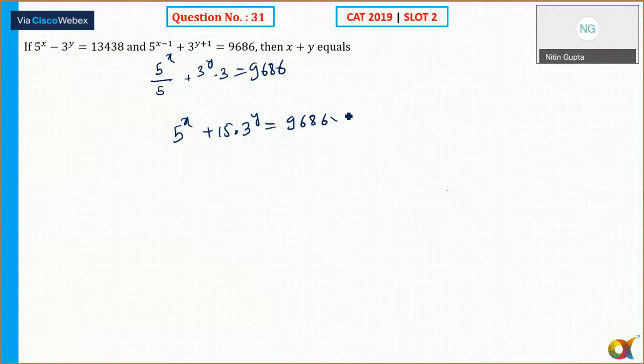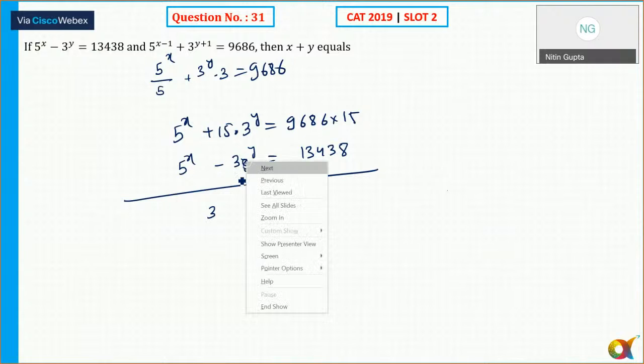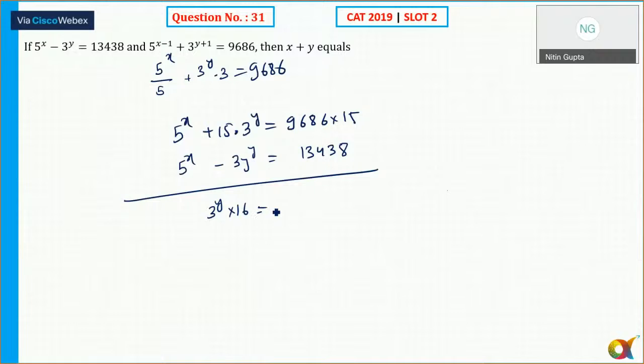So it will be 15 times, and 5 raised to power x is equal to 3, 4, 8. Take a difference of these two, 3 raised to power y, and this will be the value here.